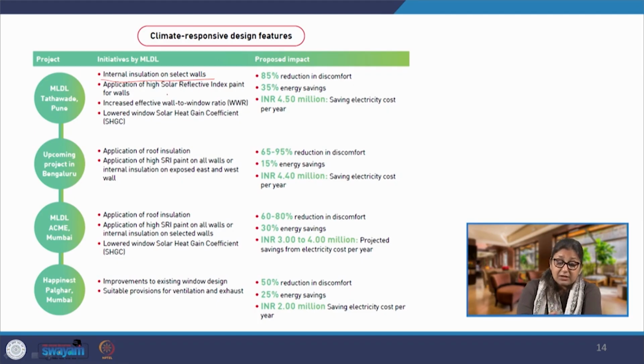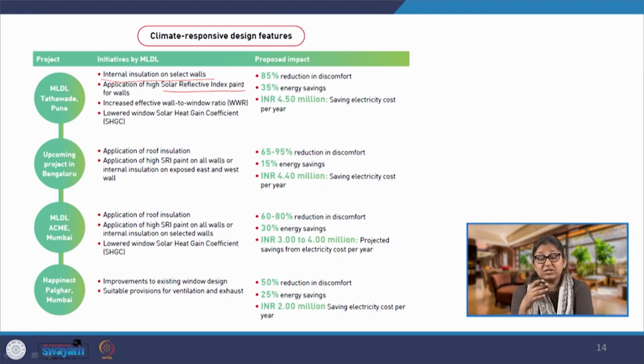For example, the application of solar reflective index paint, which reflects a lot of heat, excess heat, increasing the effective window to wall ratio. Now this is a climate specific one. In some cases we will be increasing the window to wall ratio, in some cases we will be reducing. So, we have to clearly see which are those cases where a higher window to wall ratio is required.